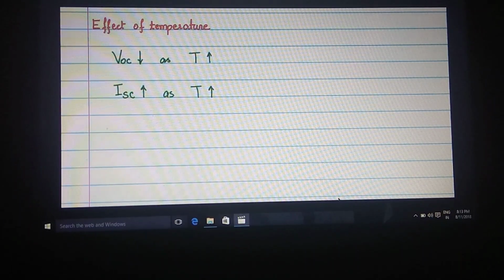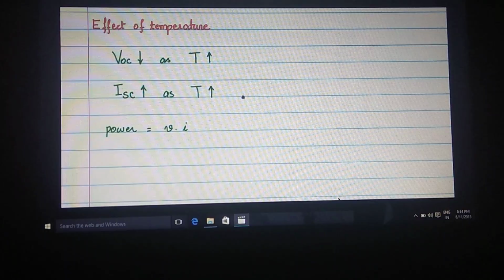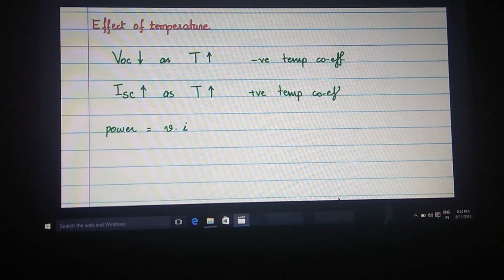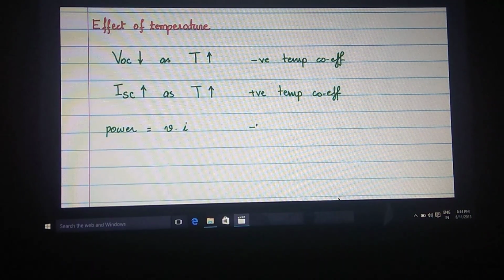And in the case of power being a product of V into I, as VOC is having a negative temperature coefficient and ISC is having a positive temperature coefficient, power will also have a negative temperature coefficient.